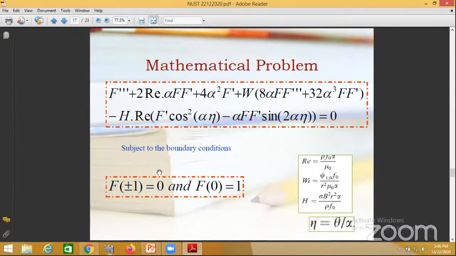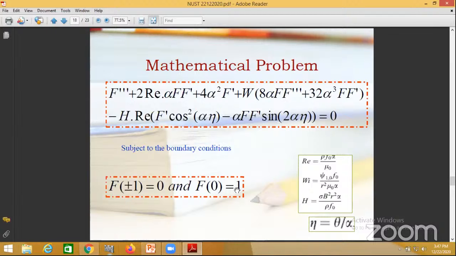The mathematical model was the Navier-Stokes equation, which by using a similarity transformation was reduced to a non-linear ordinary differential equation. The boundary conditions of this flow problem are f at ±1 is 0, and f at 0 is equal to 1.